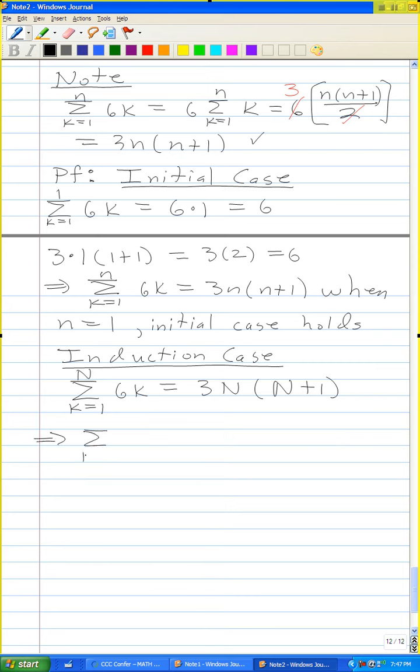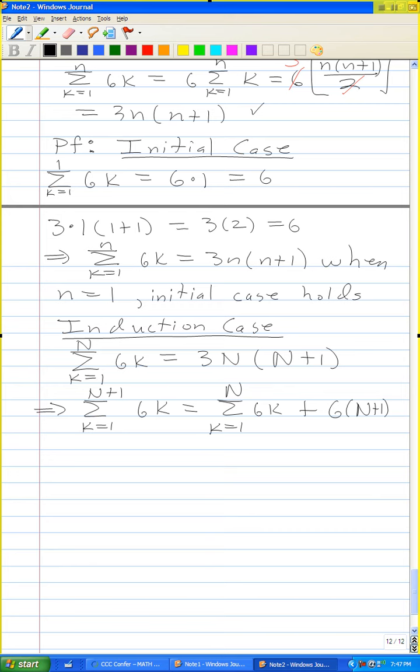Well, let's look at what happens when I do the next element. So this is equal to the sum of the first N of these plus the last one. Well, by the assumption, the sum of the first N terms is just 3N times N plus 1. I can factor out an N plus 1.